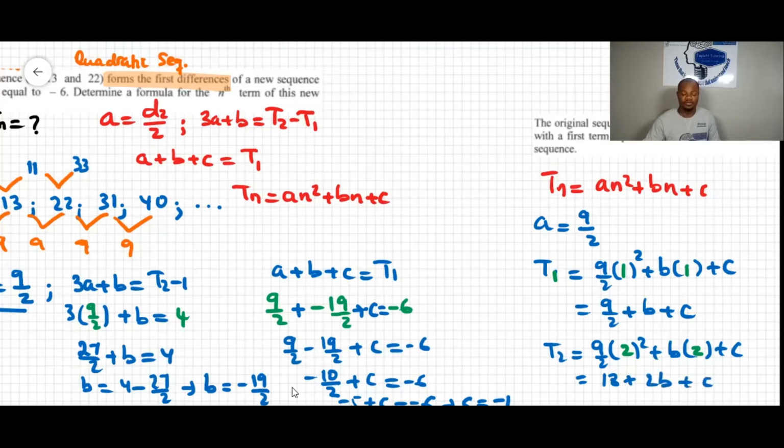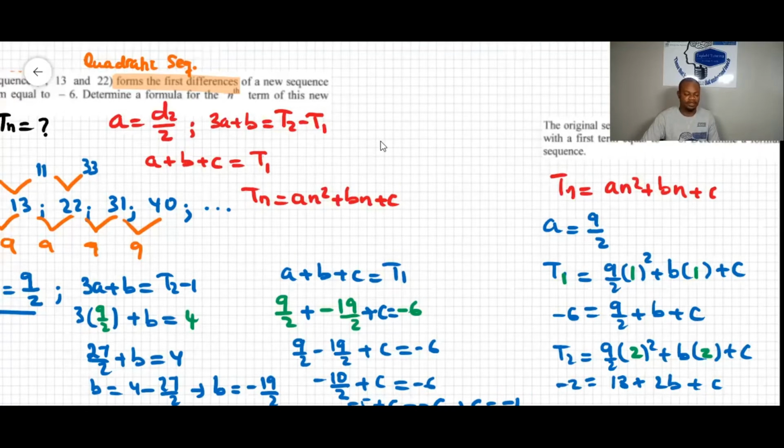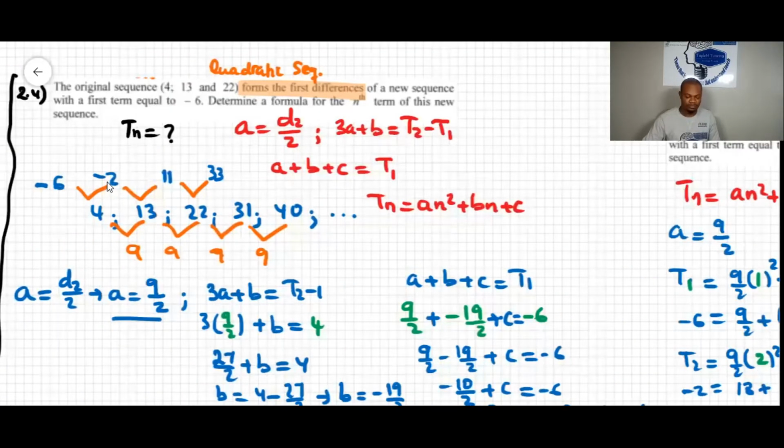The value of T1 was -6, and the value of T2 is -2, because we found it there. They are like T1, T2, T3, T4, etc.